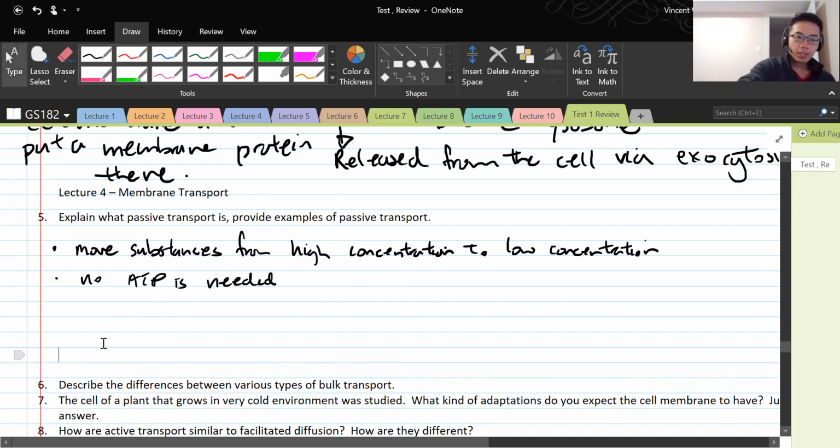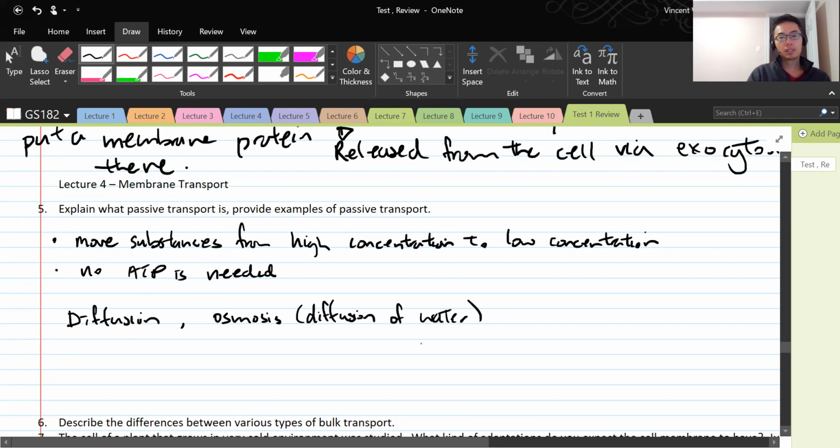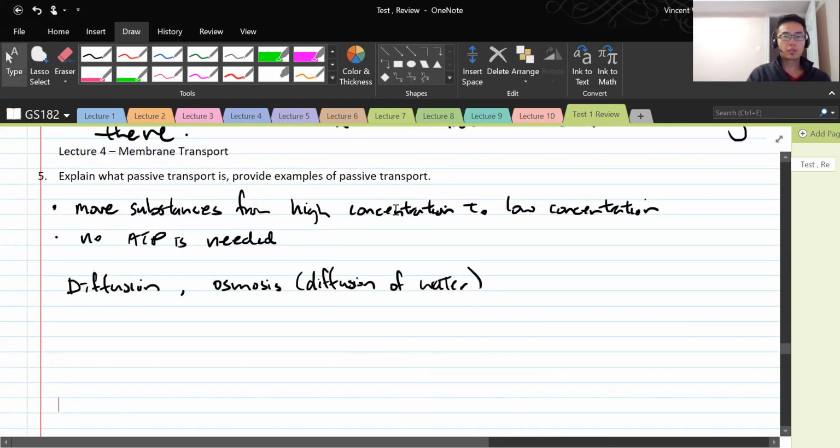Okay. So example of passive transport, we have diffusion, okay, osmosis, which is diffusion of water. Okay, remember that question we did? If you have like a U-shaped tube, and then there is a semi-permeable membrane.